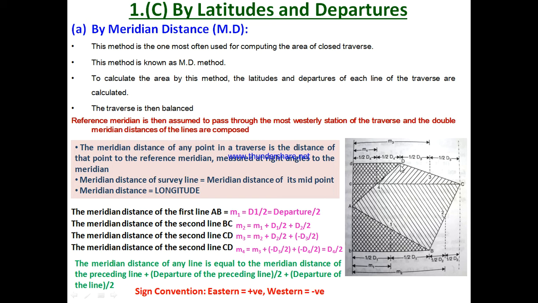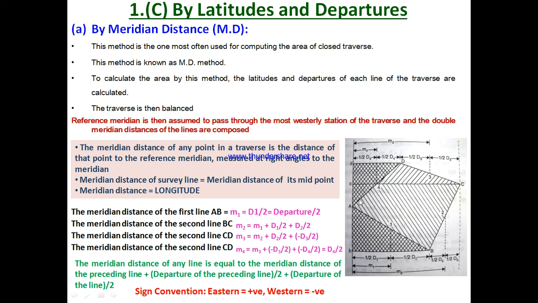So in this manner we will first fix the reference meridian. Suppose this is the reference meridian, and we fix it in such a manner that it passes through the most westerly station of a given traverse.